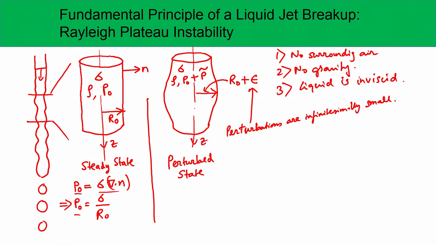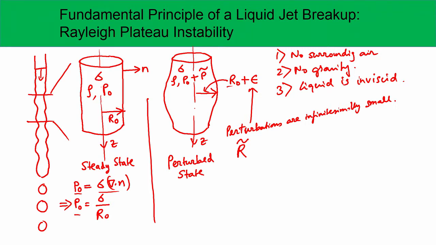So our perturbed radius is R0 plus epsilon.